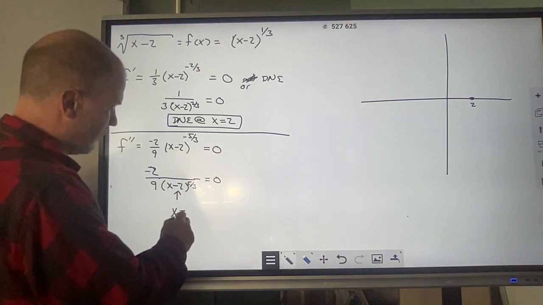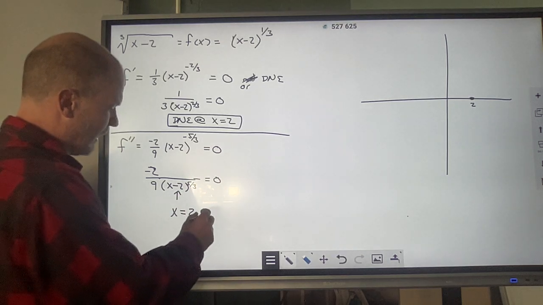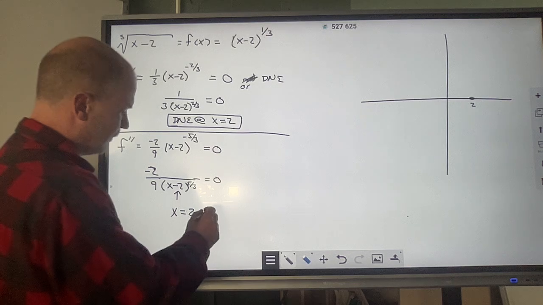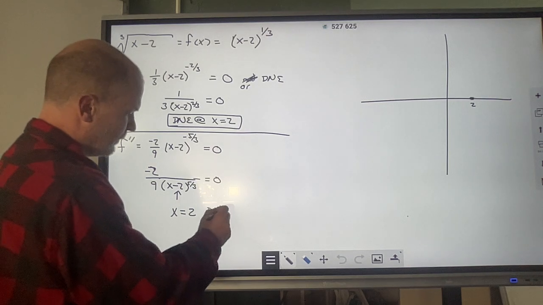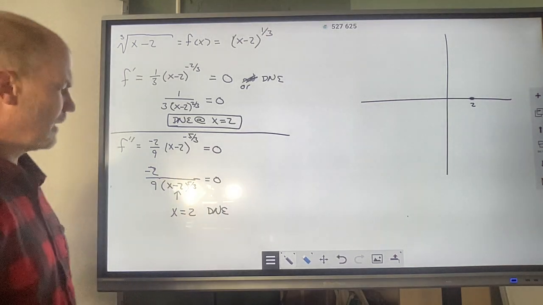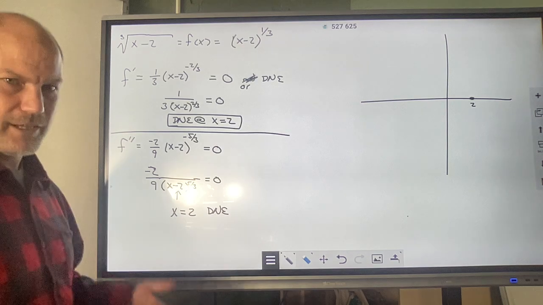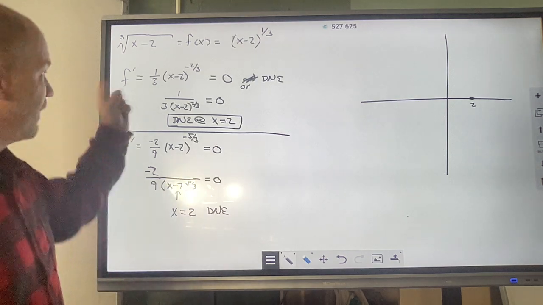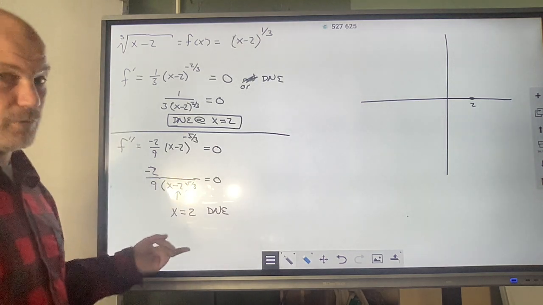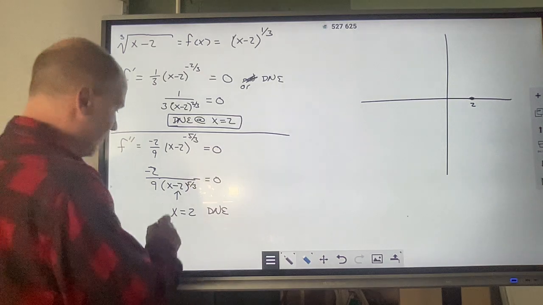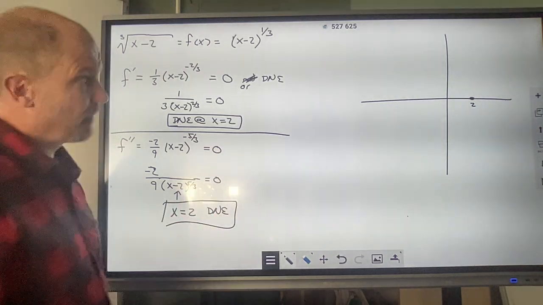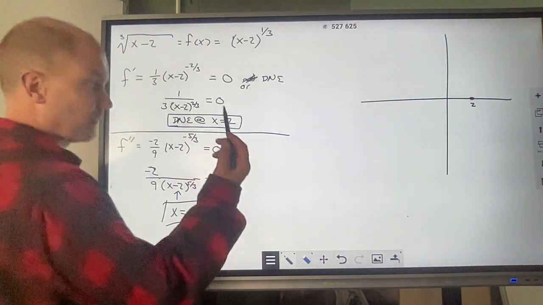When x equals 2, we have a DNE, right? So that means we can't calculate the concavity there either, which totally makes sense. If you don't have f prime somewhere, you definitely won't have f double prime at the same place. But those are our only things that we now know.